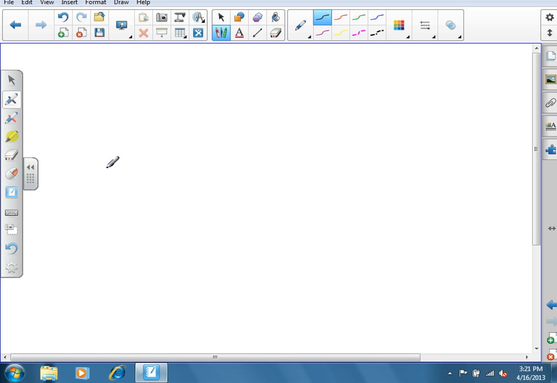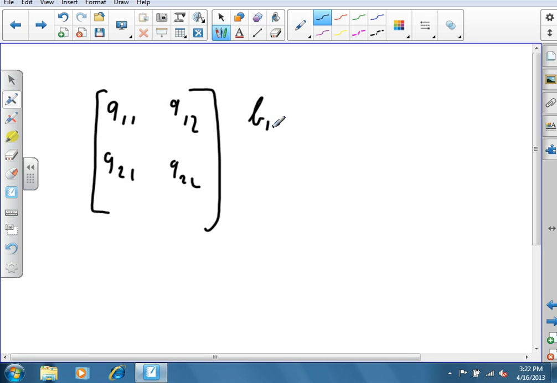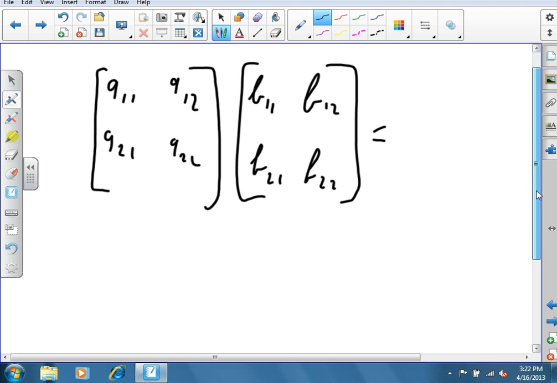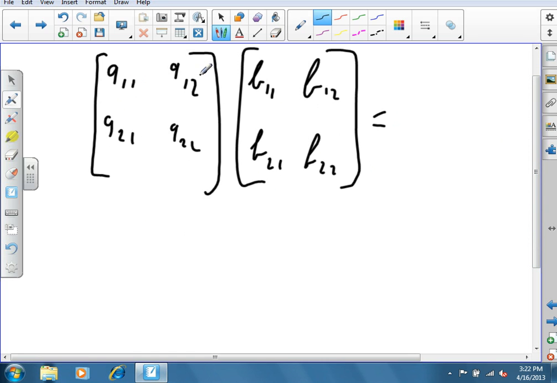I guess I have to do multiplication. If I have A11, A12, A21, A22, and I'm going to multiply that times B11, B12, B21, B22. So if I'm going to do that, then it's this row times that column that goes in the top left corner. So this row, that column, A11 B11 plus A12 B21.